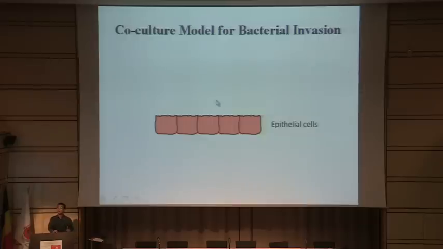The model we developed is a human epithelial cell and streptococci co-culture model for evaluating bacterial invasion. As shown here, first we grow a monolayer of epithelial cells, and then we infect with bacteria and wait a short period to allow the bacteria to internalize and become intracellular pathogens. Then we wash out the free-floating bacterial cells, so what is left is adherent bacterial cells on the surface and internalized bacterial cells.